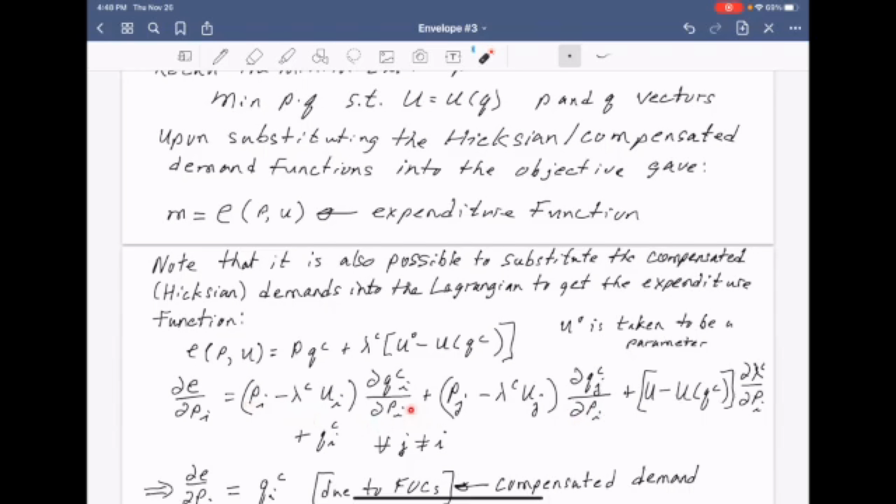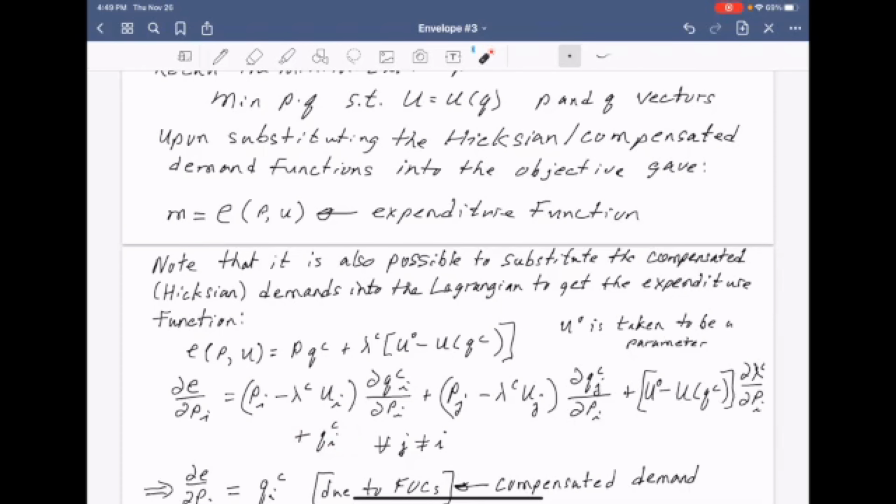If we have 10 goods, we'd have 10 expressions like this, and in each expression the partial derivative would be with respect to the same Pi. And then of course we have this result, and what I need to do there is put in the little U0. All right, so we get this expression here, plus we have this derivative, this falls out as well.